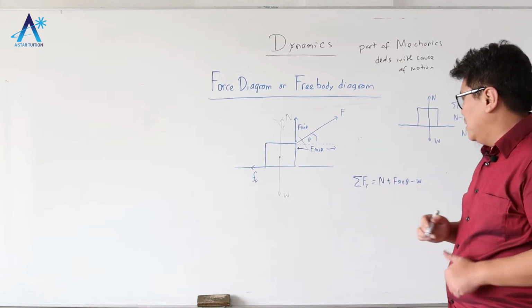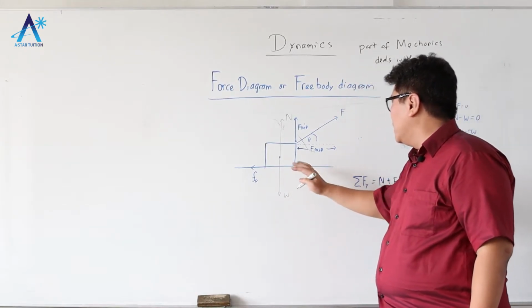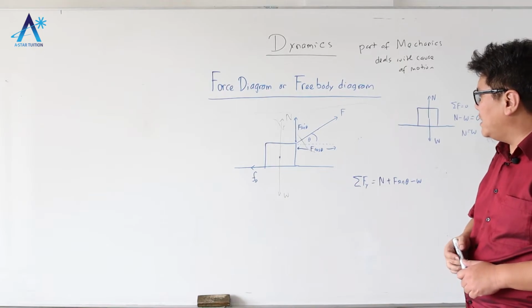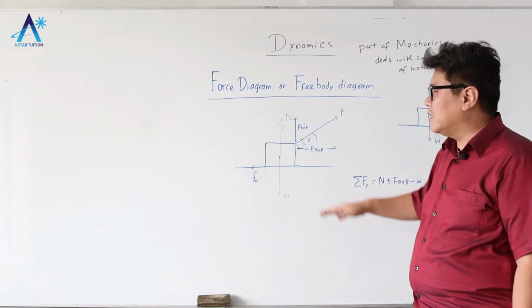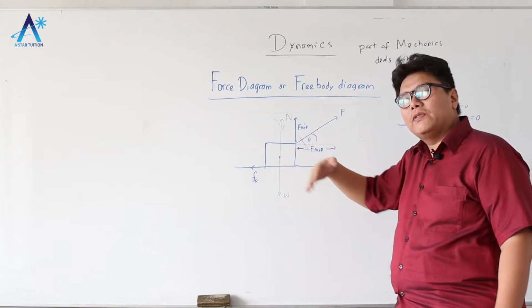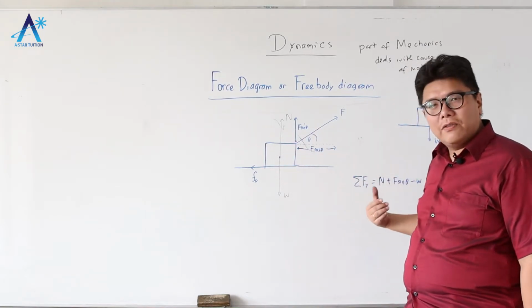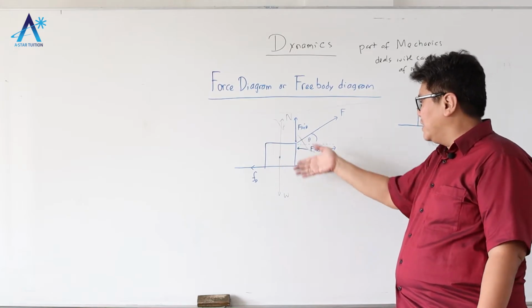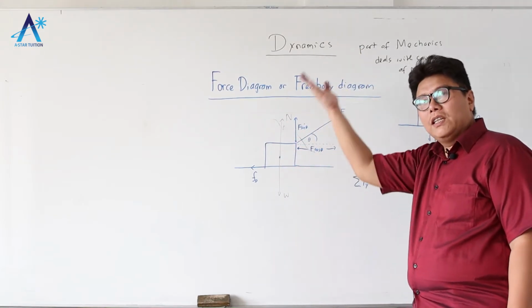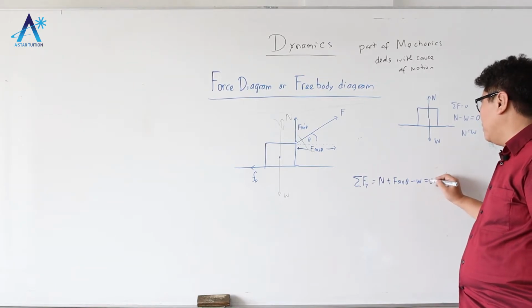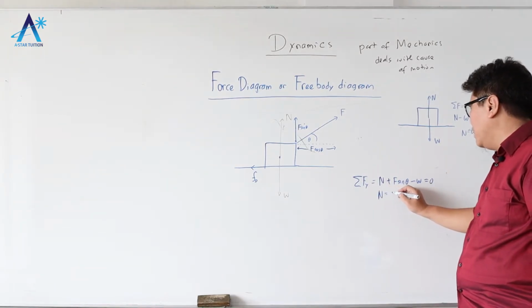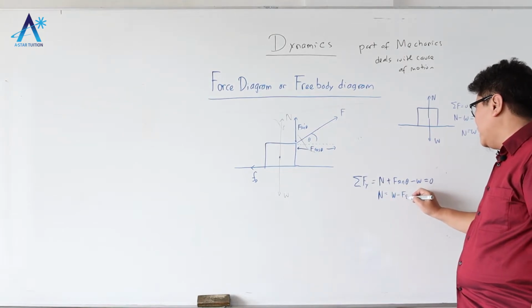If the object is moving to the right, it is constrained to move on the surface, meaning it never leaves the surface. So it doesn't move vertically up and down, and the resultant force in this case is 0. So we can say that the normal force equals W minus F sine theta.